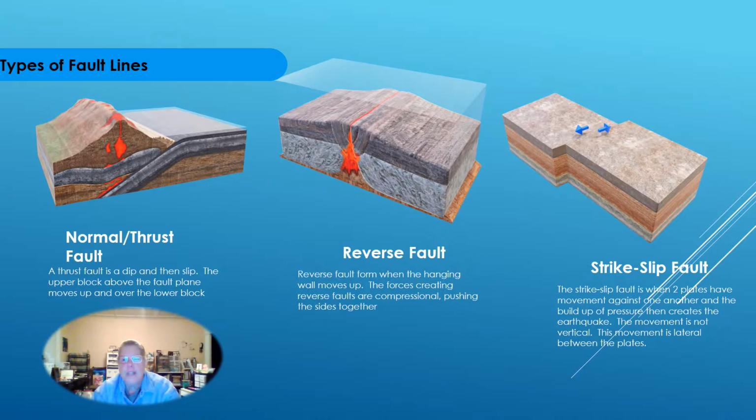This movement is lateral between the two plates. So those are the three basic faults, and the earthquake and tsunami that I picked is actually the strike slip fault.